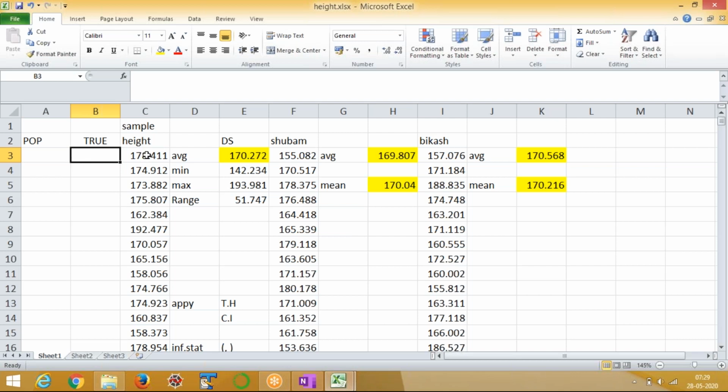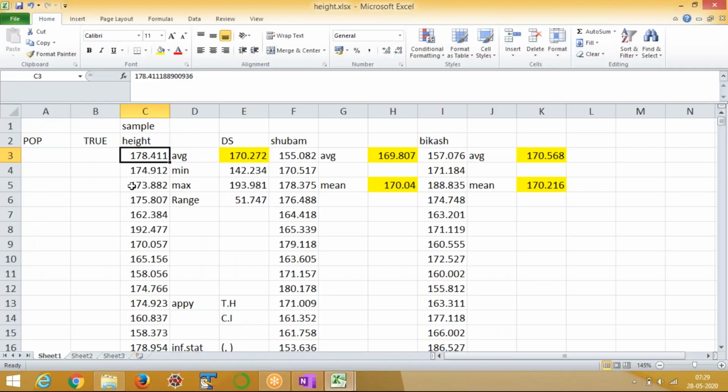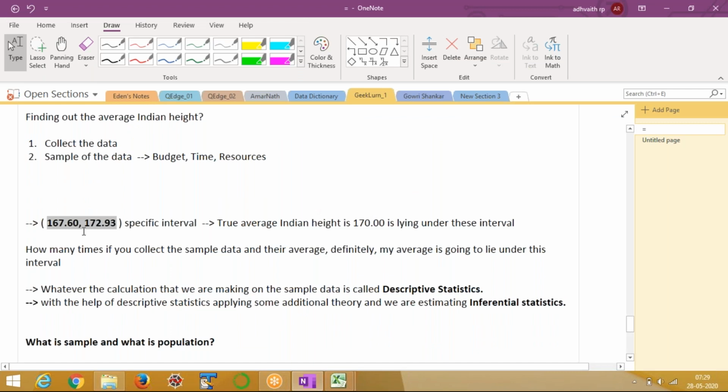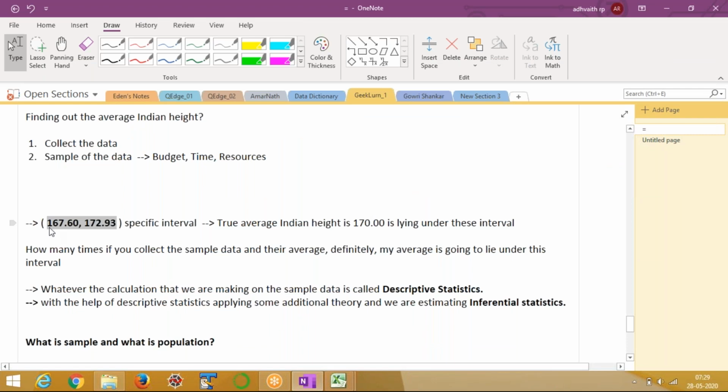So what I did, I took this sample data which is given by the first person. From there I calculated 167.60 to 172.9. That is what I estimated. Here I don't have the information, but I am confidently able to say that my true population average is definitely going to lie under this interval.